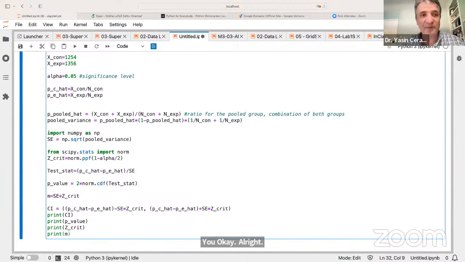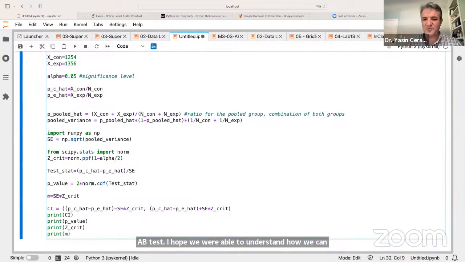All right, okay guys, let me stop here for today. I think that concludes our discussions on A/B test. I hope we were able to understand how we can evaluate the A/B test. Again, we find the p-value. If the p-value is less than the alpha value or alpha over 2, depending on how you test, double-sided or one-sided.